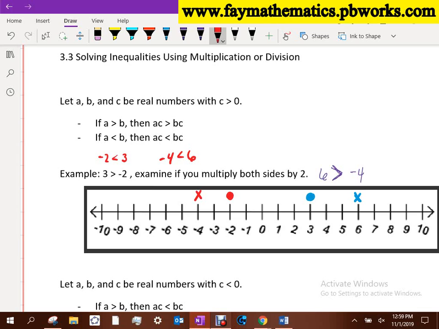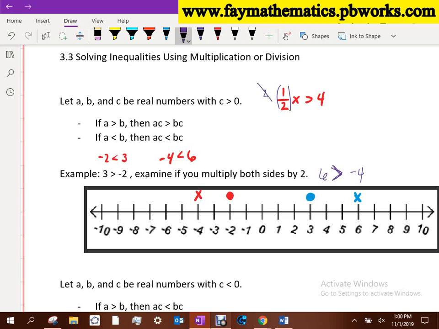So why do we need to know that? Well, here's the idea. If I have 1/2 x is greater than 4, how do I solve this? If this was an equation, how would I solve for x? Divide by 1/2, which is exactly the same thing as multiplying by the reciprocal, which is 2, right?